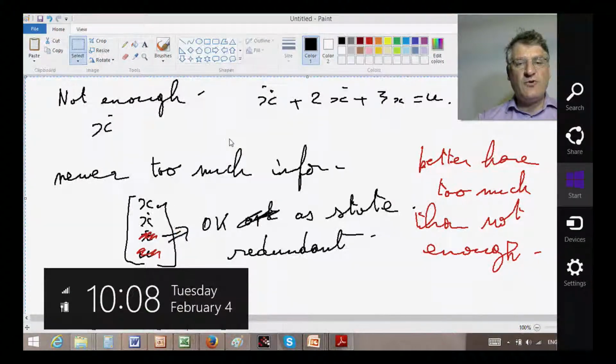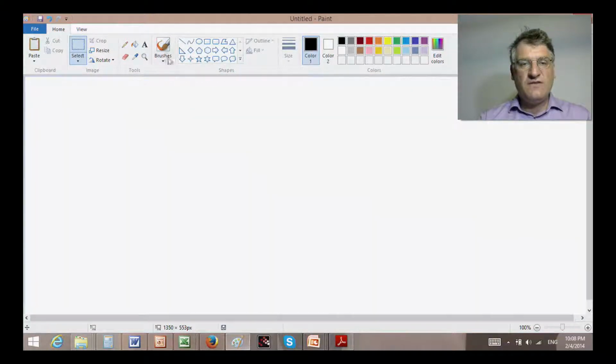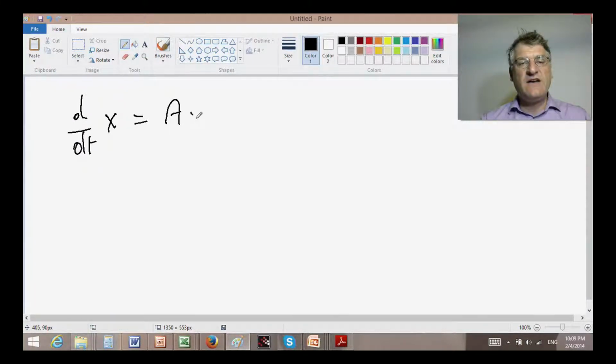Suppose you've been able to write your system in state space form, d dt of x is equal to ax plus bu.